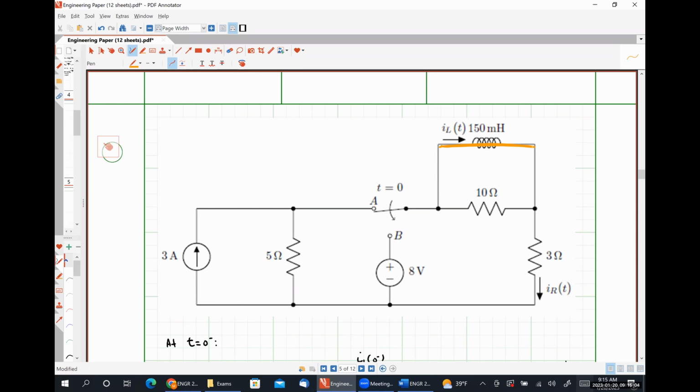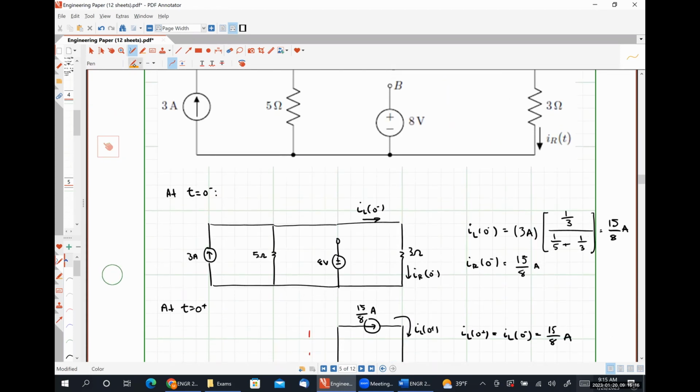That short is in parallel with the 10 ohm resistor, which means effectively no current is going to flow through the 10 ohm resistor and there will be no voltage drop over it. So it may as well not even be there. Another way you could think about it would be, it's right here, it just doesn't do anything.